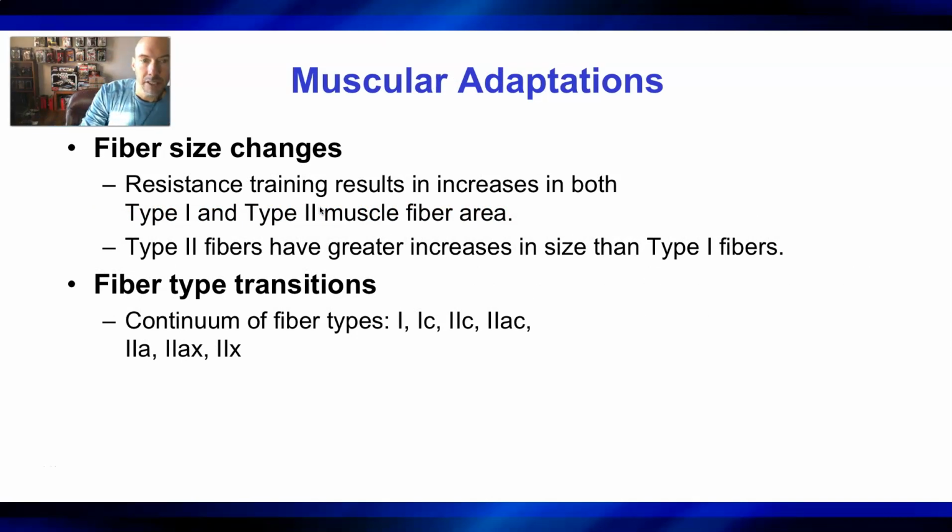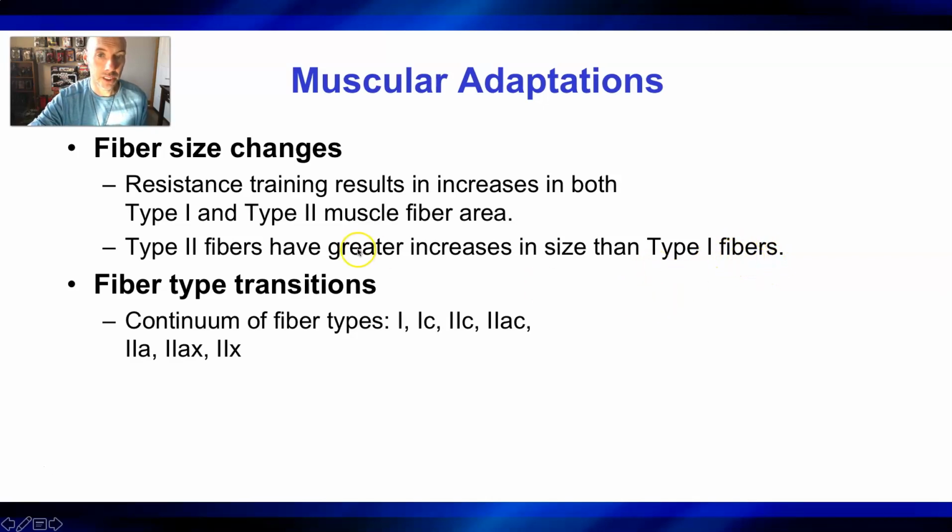Another muscular adaptation that we might see is a transition in fiber type, okay? Type 2 fibers are the fibers that are used to generate high levels of force. Those are the ones that are going to be more likely to gain contractile protein. Therefore, they're going to be more apt to grow in size versus your type 1 fibers, okay?